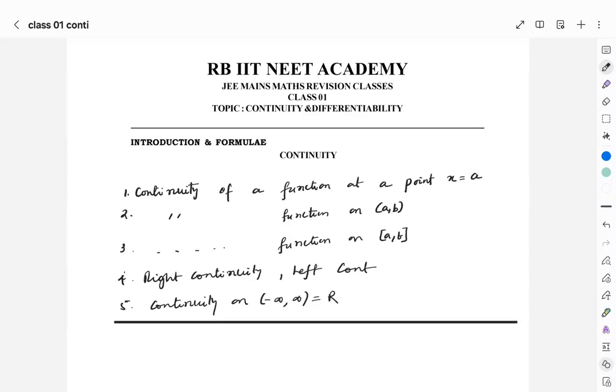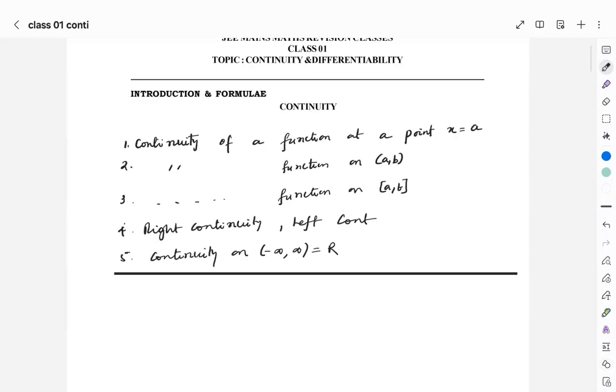Here, the basic definition of a continuous function.